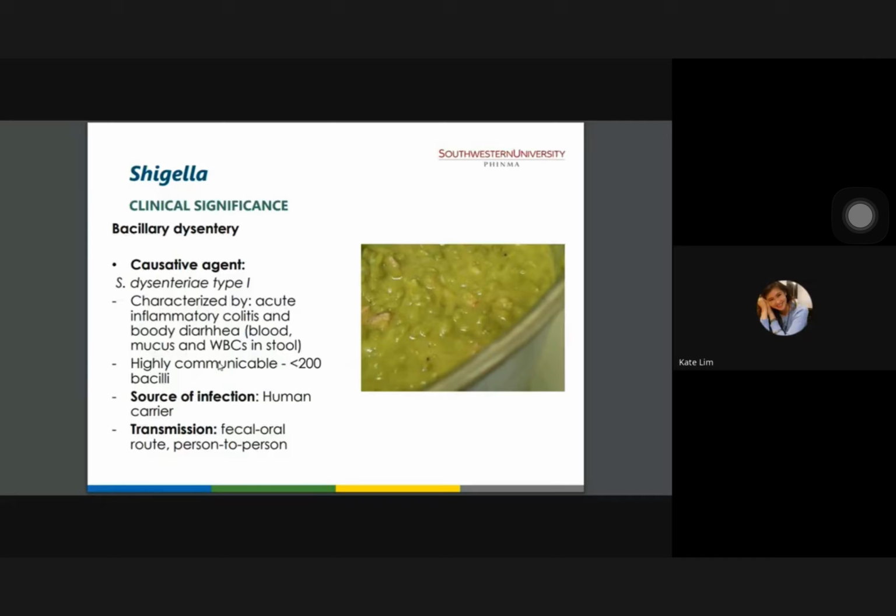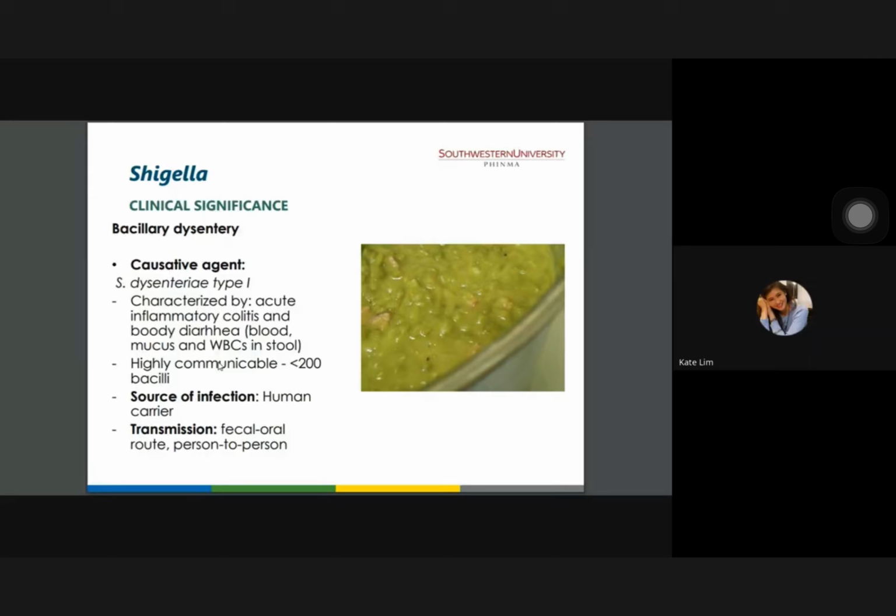But then again, if a patient suffered from bacillary dysentery, the stool of the patient may look like this, a green pea soup stool. Again, green pea soup stool is associated with both Shigella and Salmonella. Bacillary dysentery is also known as shigellosis.